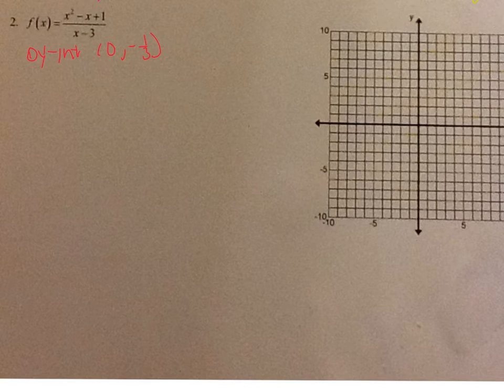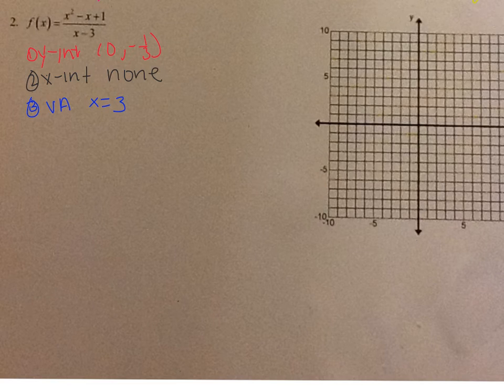There are actually no x-intercepts for this. If you solve it, you'll see that the solutions are imaginary, so it does not exist. The next thing I want is my vertical asymptote, which is x equals 3.